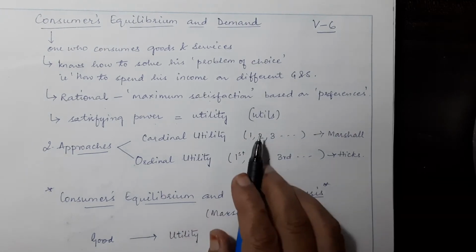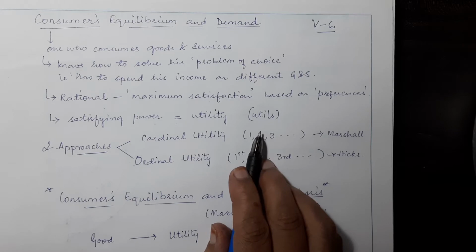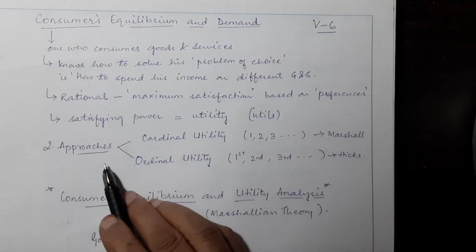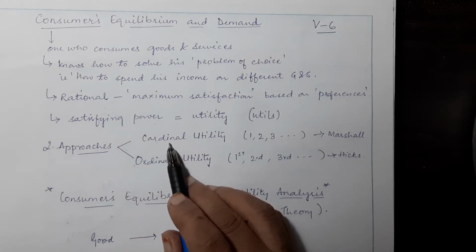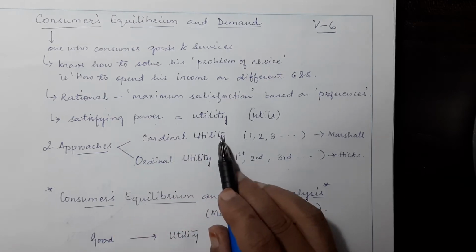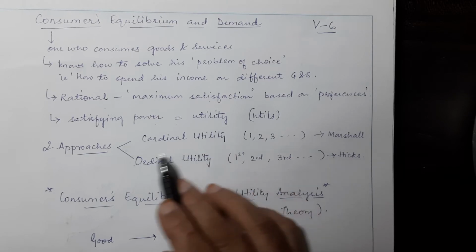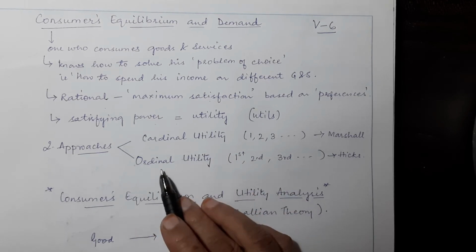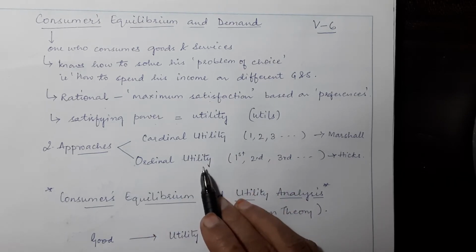Now, the measurement of utils can be approached in two different ways. Utility can be measured by two different approaches. The first one is called the Cardinal Utility approach, and the second one is called the Ordinal Utility approach.